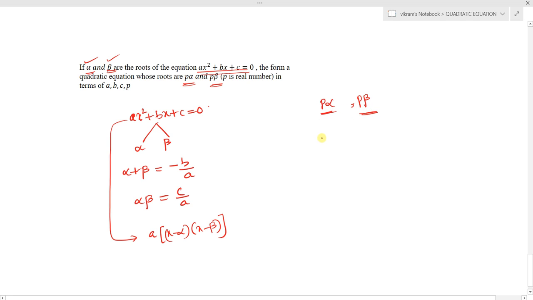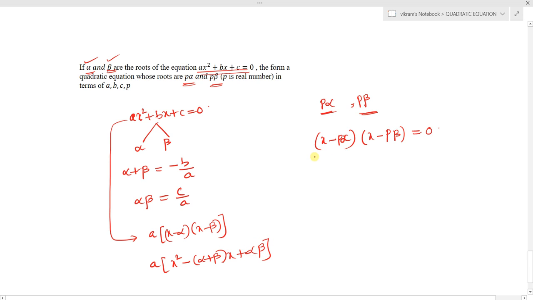Then we can write x minus p alpha into x minus p beta equals to 0, which can be written as x square minus of alpha plus beta into x plus alpha beta.